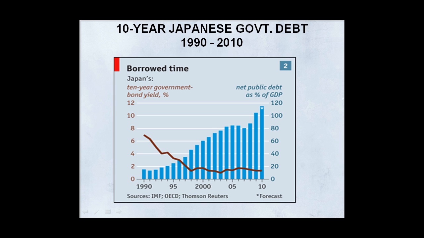But the point I'd like you to take away from this slide is interest rates in Japan have been coming down for years and have been under 2% since about 1996. In the past couple of weeks, the Japanese 10-year government bond got down to 1.15%, the lowest number in history.